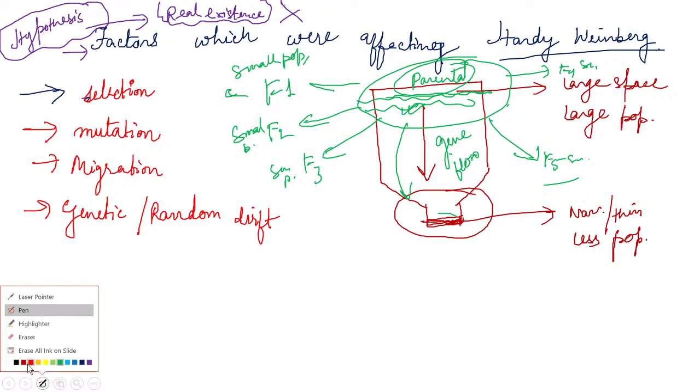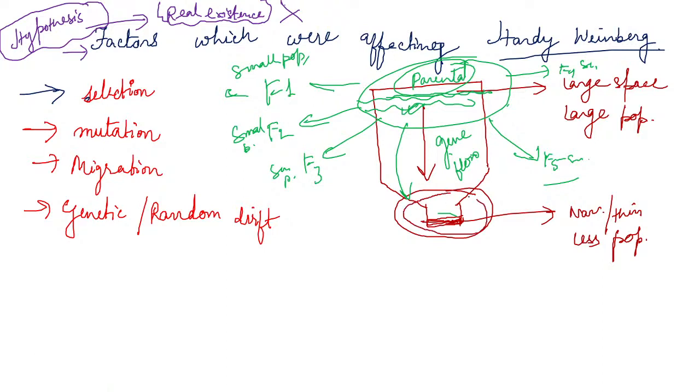The phenomenon that happened to the parental population is known as the bottleneck effect, and the parental population got decreased day by day, and ultimately there were only few members left. When there are few members left, it is known as gene flow or genetic drift or random drift. Clear?